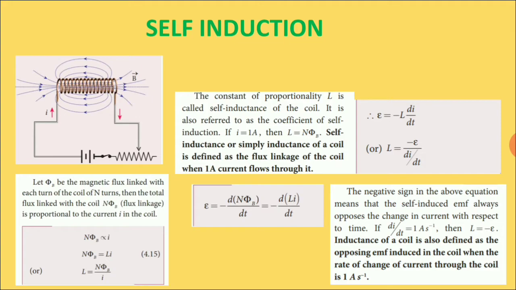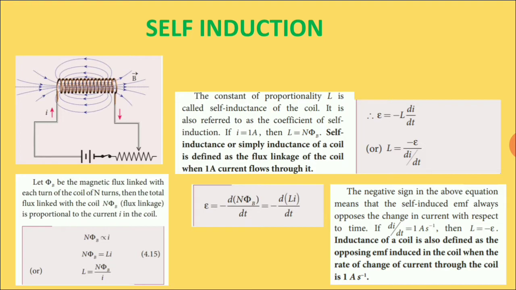Self-inductance. Now see the picture. N phi_B is proportional to I. Let phi_B be the magnetic flux linked with each turn of a coil of N turns.